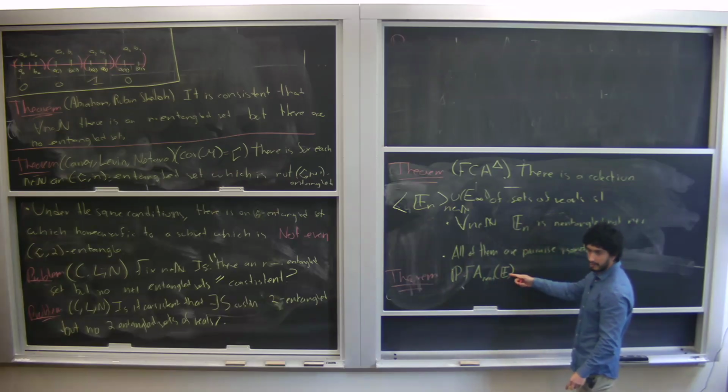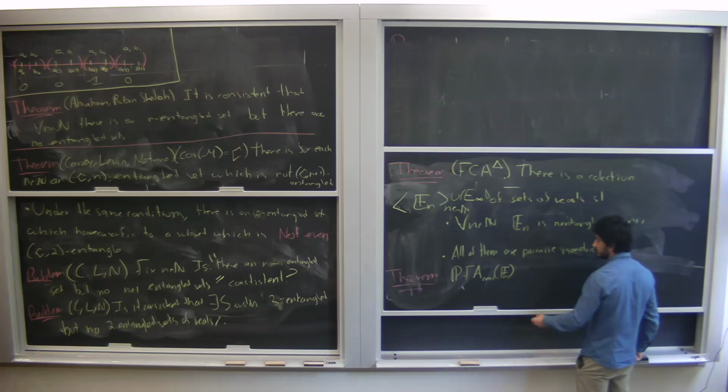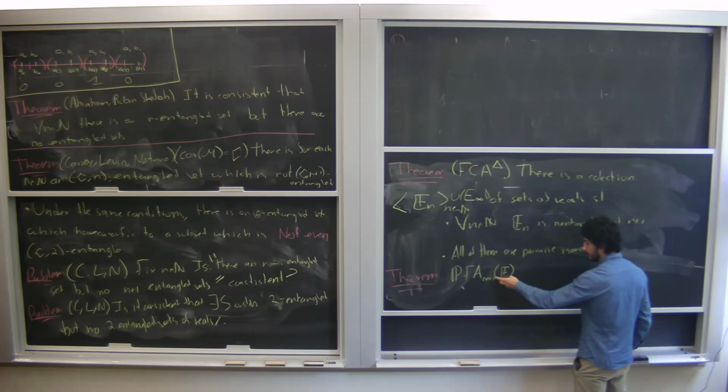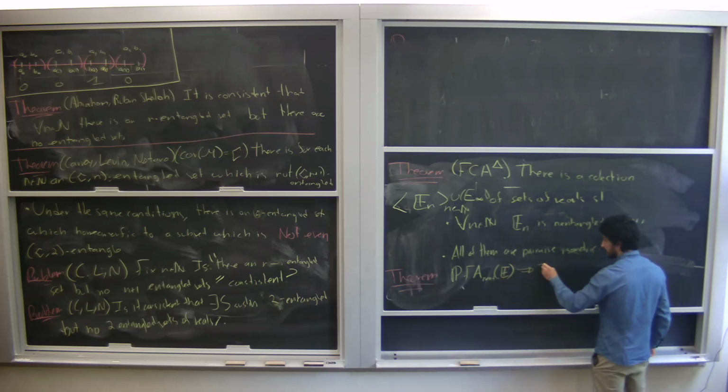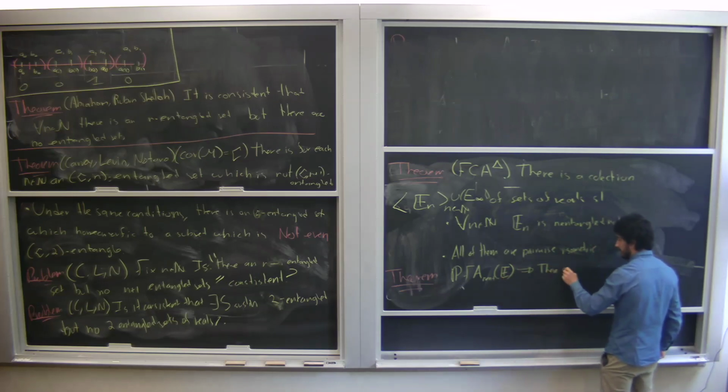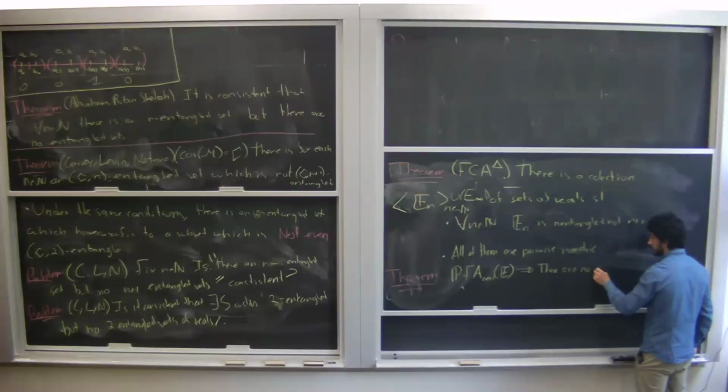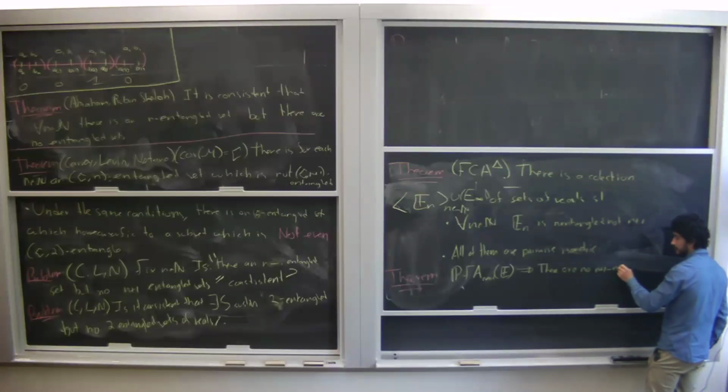So this proper forcing axiom tells you that PFA is true for all proper forcings which preserve the n-entangledness of E. So the theorem should be that PFA_n(E) implies that there are no n+1 entangled sets.